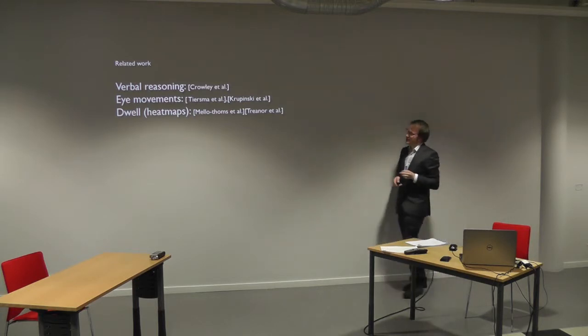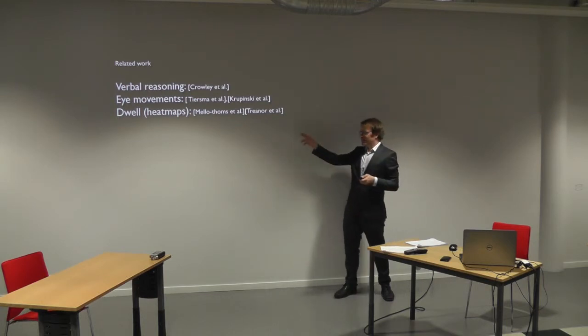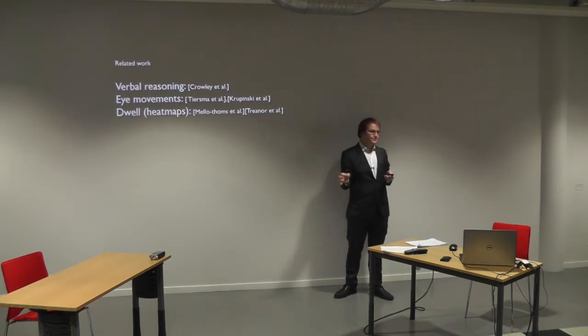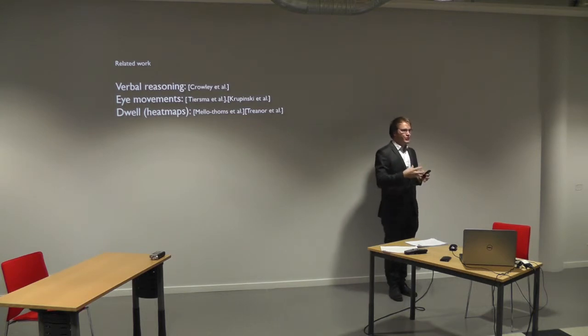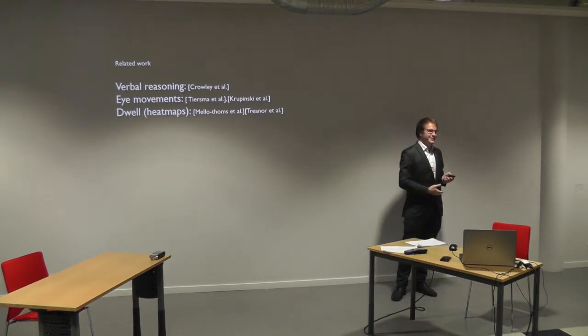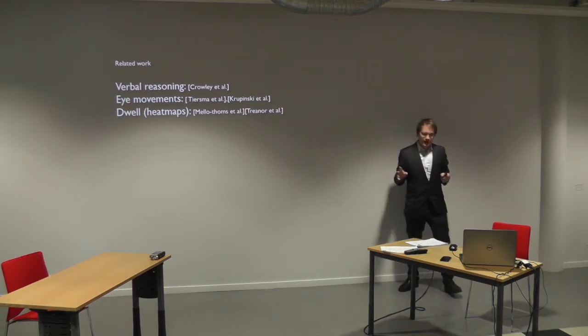And the third type of study looks at navigation patterns, but looks at the dwell. When you navigate around, where do you stop to contemplate what you're seeing and figure it out? And then you create heat maps to see what the interesting parts are.